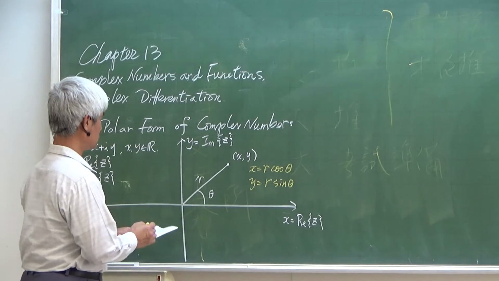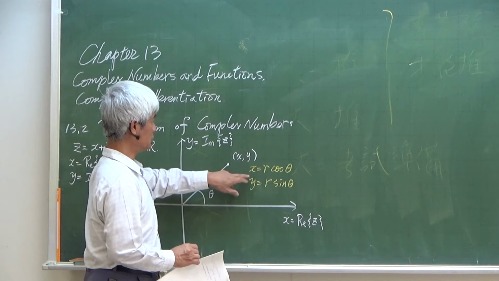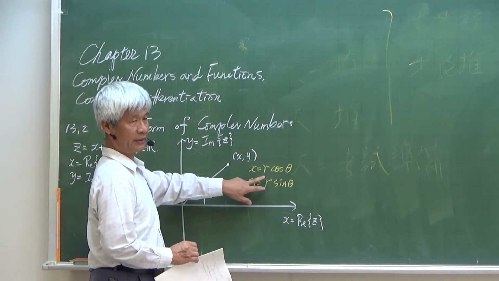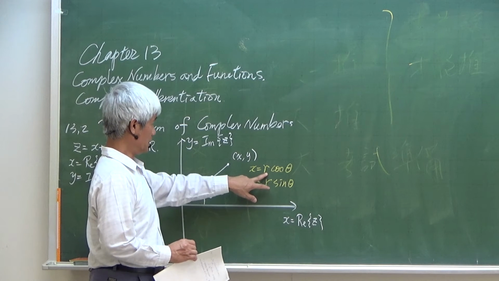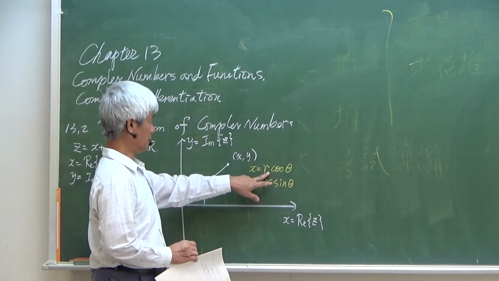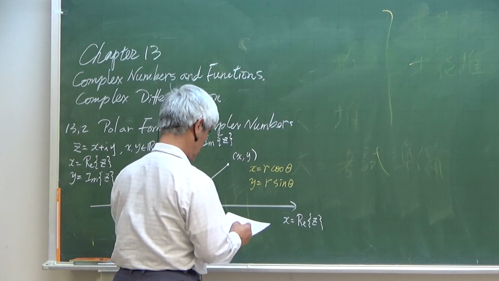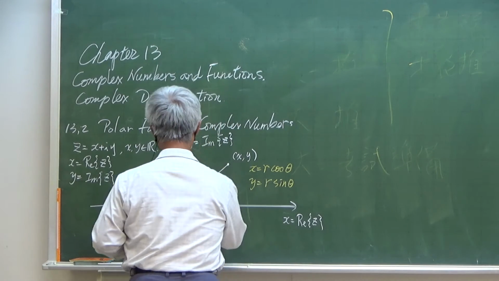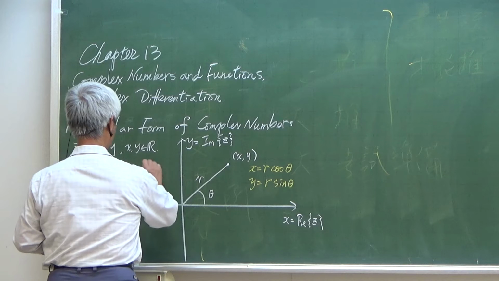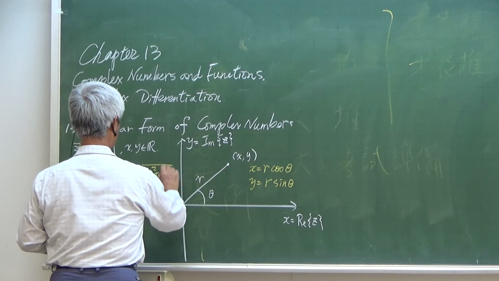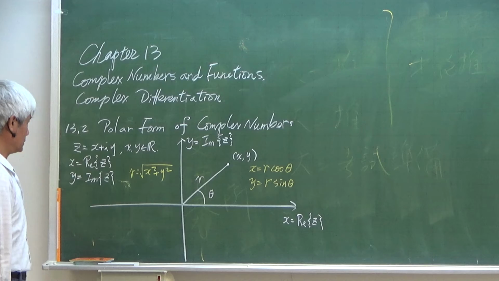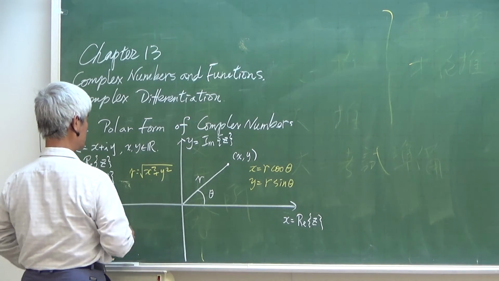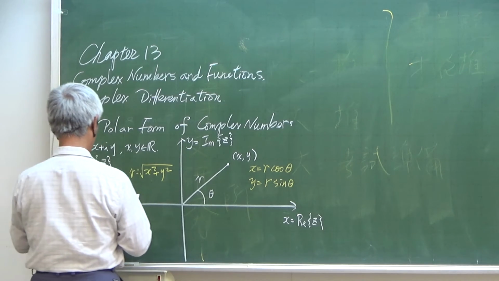So we change the Cartesian coordinate into the polar coordinate, and so the Cartesian coordinates can be represented by the polar coordinate, okay, with such a coordinate transformation. And also we know that r is equal to the square root of the sum of squares of the real part and the imaginary part of the complex number.